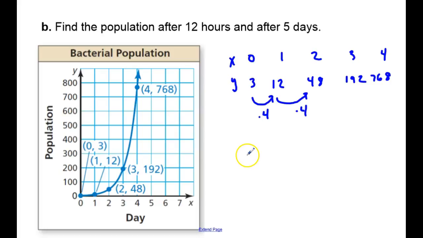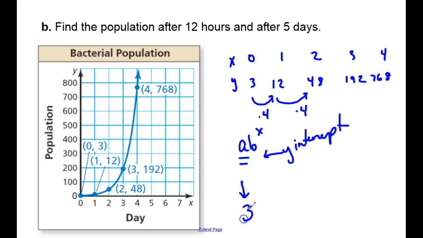Okay. So one thing I know is that my a value, right, and here's the parent function, here's kind of where I'm at. This a value is where I start, is always going to be my y-intercept. So a is my y-intercept. So when x is 0, my a is 3. So here my a will be 3.